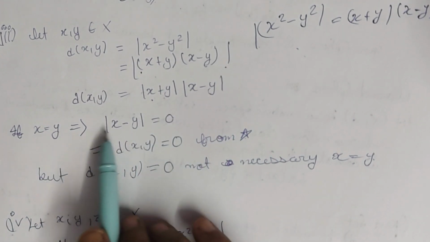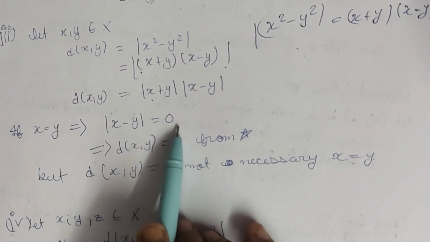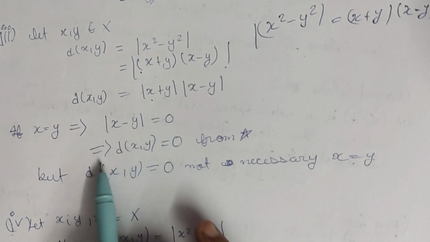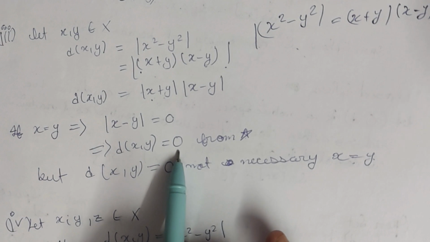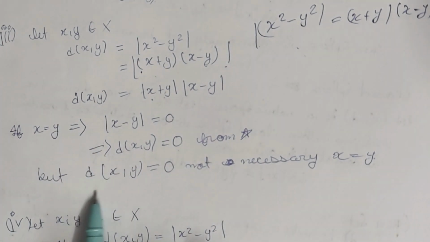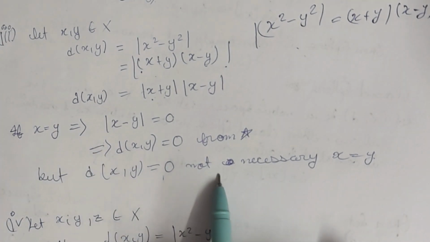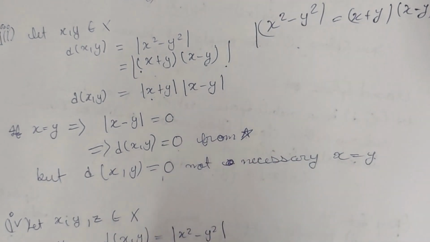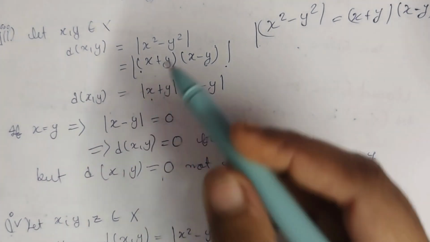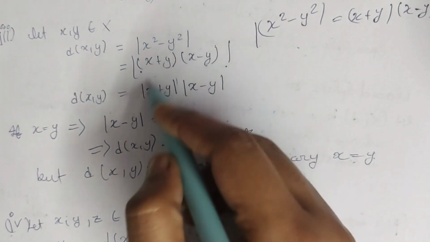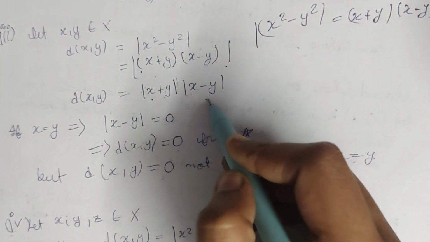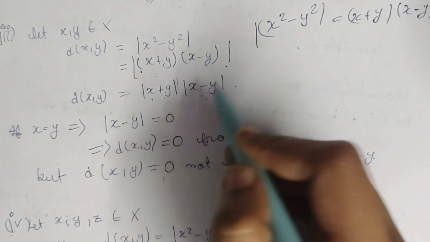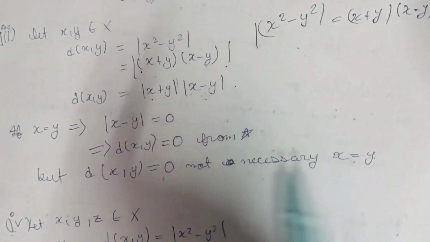If x equals y, then d(x,y) equals 0. But if d(x,y) is 0, it is not necessary that x equals y, since one factor could be 0 and the other could be positive. So if we equate it to 0, x and y won't be equal to each other.